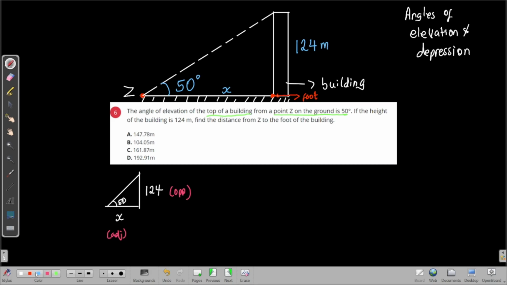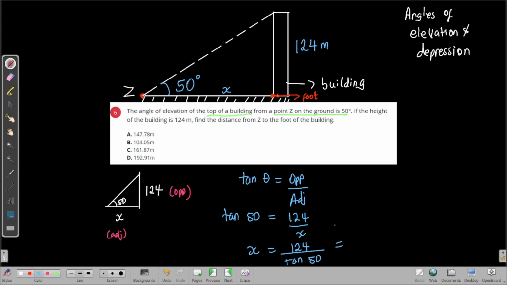We use tan. So tan theta equals opposite over adjacent. Tan 50 equals 124 divided by x. x is 124 divided by tan 50. This is something you should use your calculator to solve.